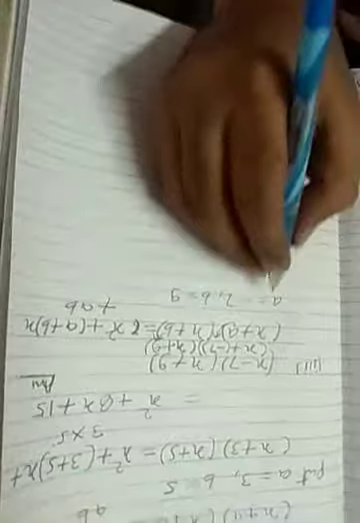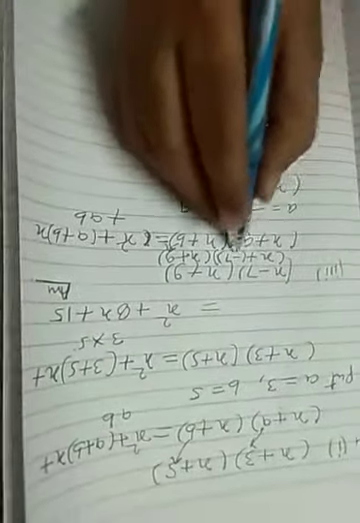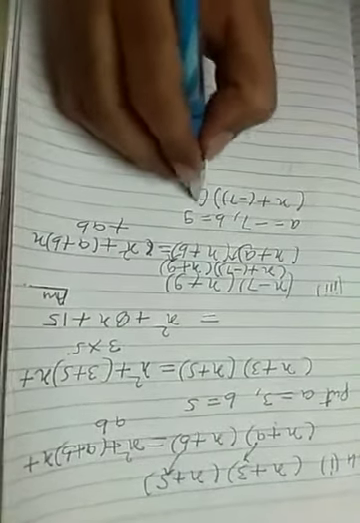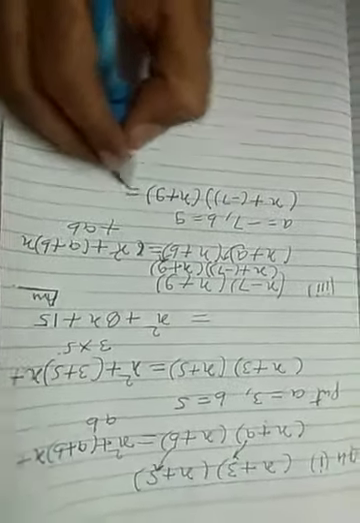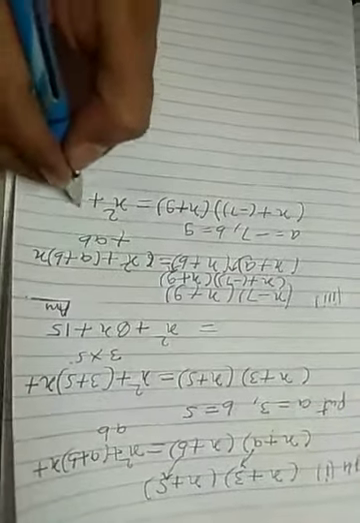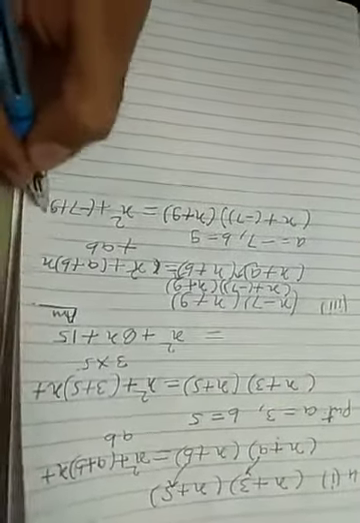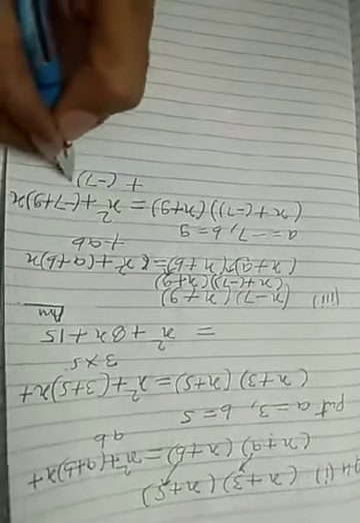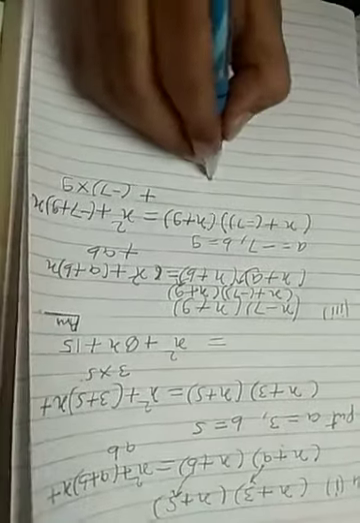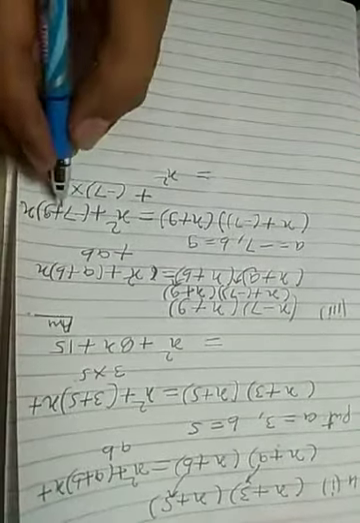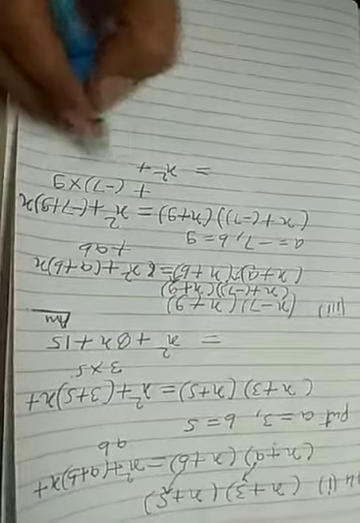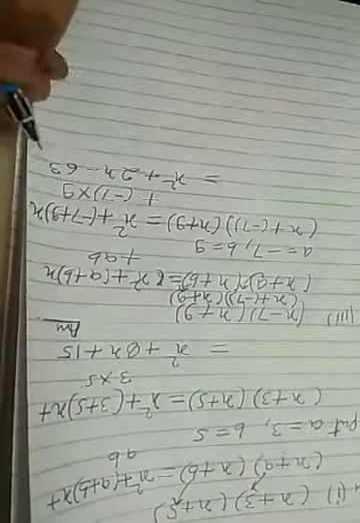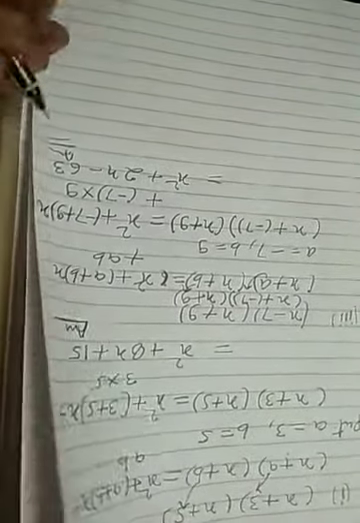Simply put the values: x² + (-7 + 9)x + (-7)(9). So we get x² + 2x, and 9 times 7 is 63. That is your final answer.